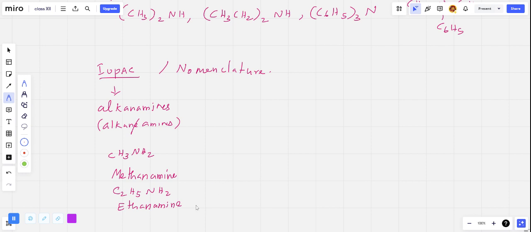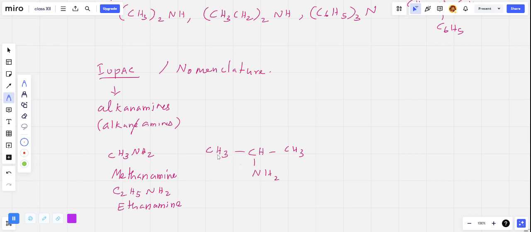If it is a higher member, we have to select the longest chain which contains the amino group. The amino group should get the lowest number. For example, CH3, CH, CH3, with NH2.